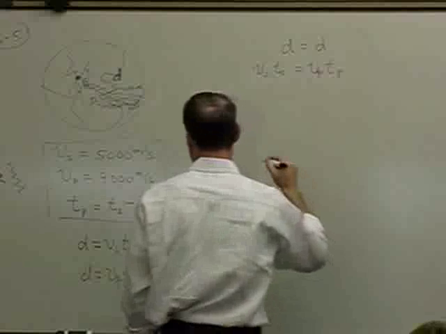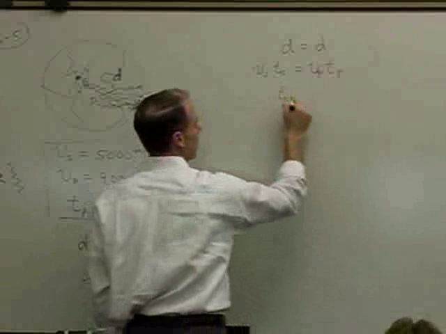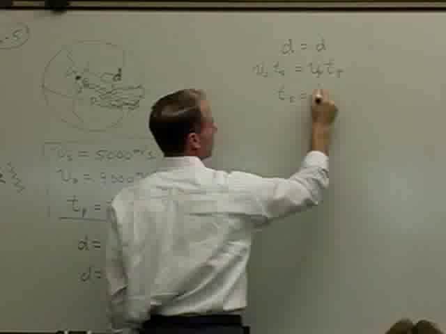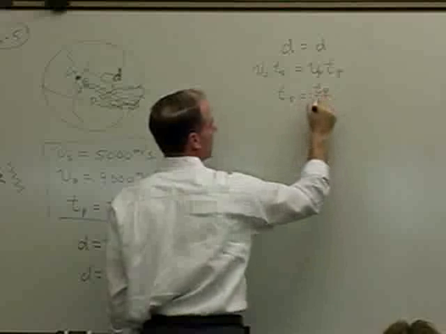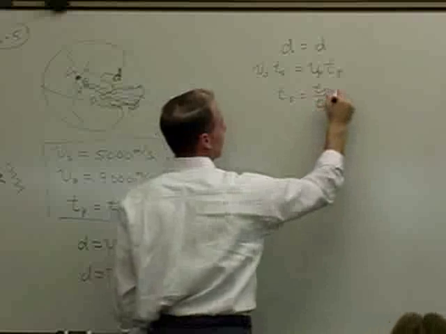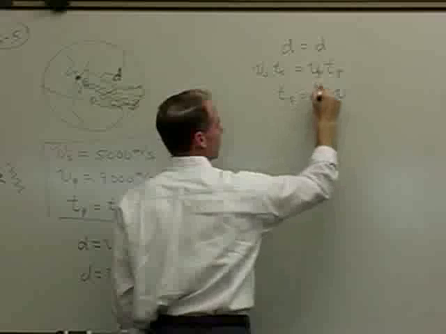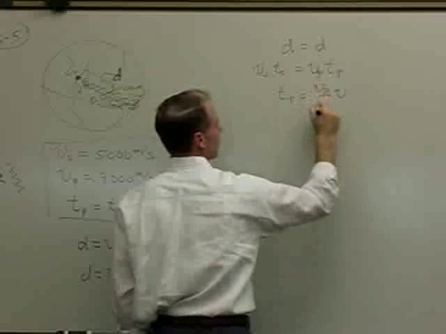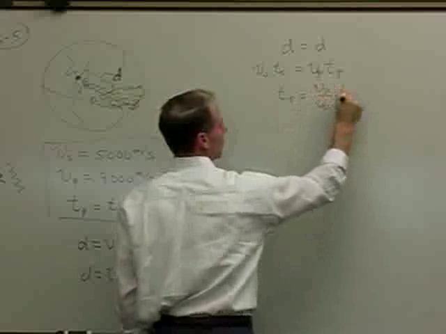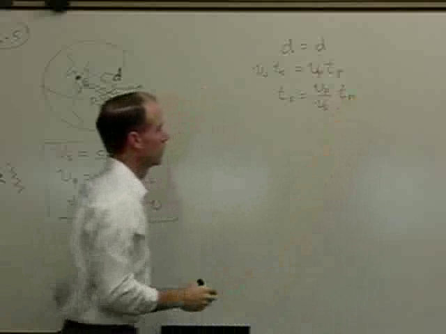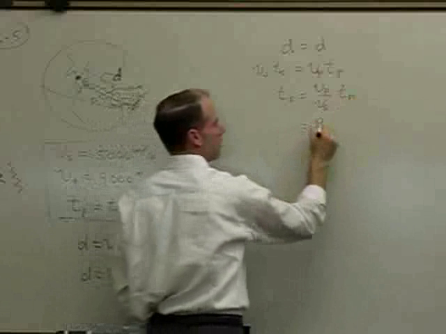So the time for the S wave equals the time for the P wave times the velocity of the P wave divided by the velocity of the S wave. This would be 9,000 over 5,000.